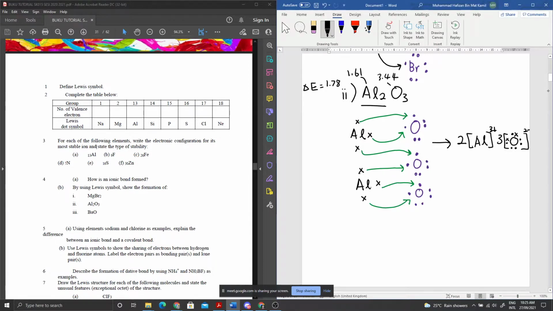So that's why some people say it is covalent, and some say it is ionic. And if you remember in chapter 3, this one is also special because it is an amphoteric compound, which means it can be an acid or a base. Okay, I think that's for question 4.